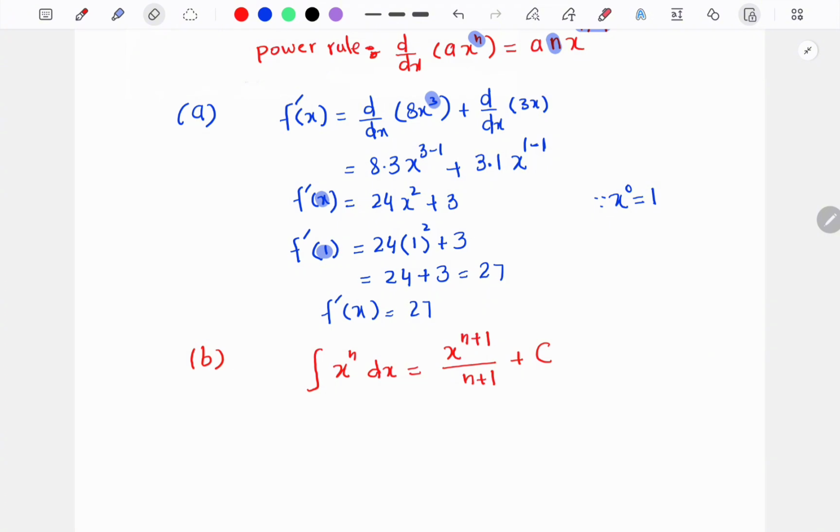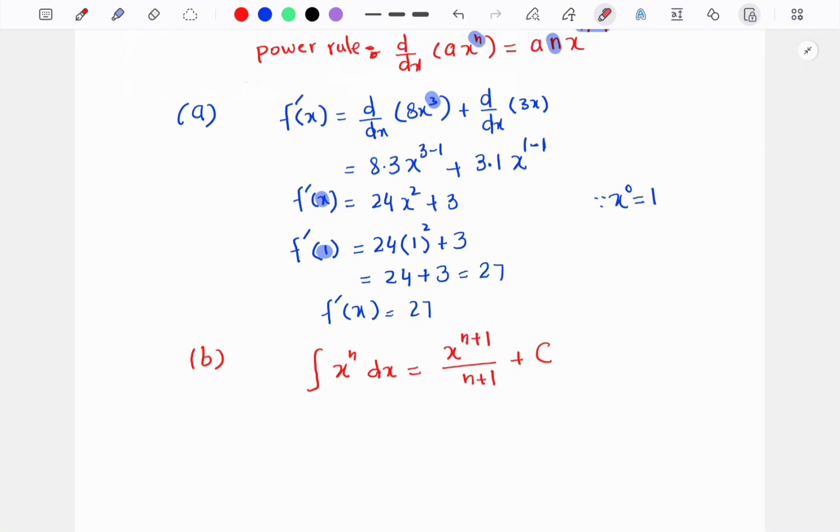Therefore, that constant which became 0 in differentiation is reversed in integration. So here you can see a constant of integration. Whenever we integrate any function, we place a constant of integration there.